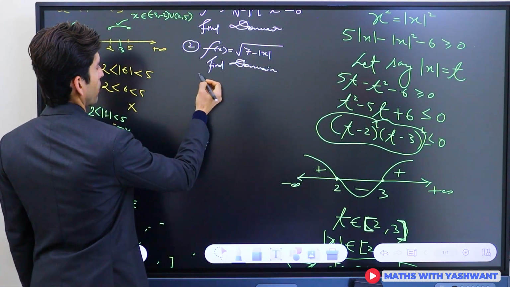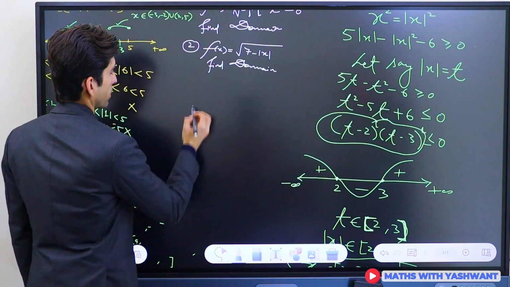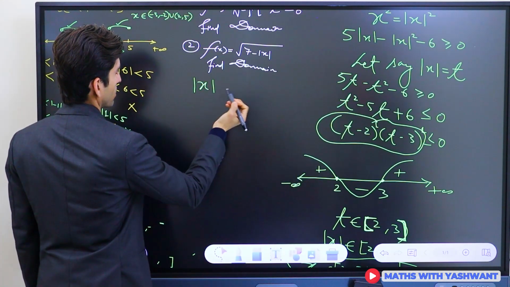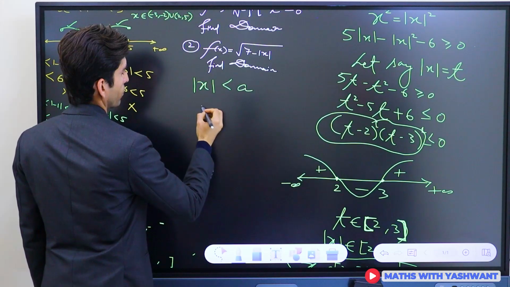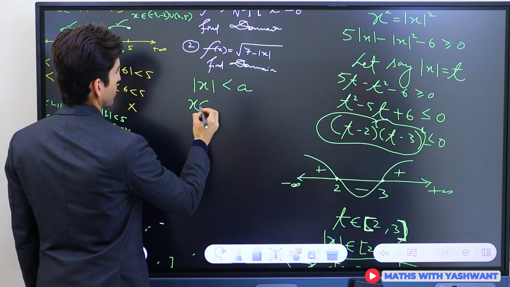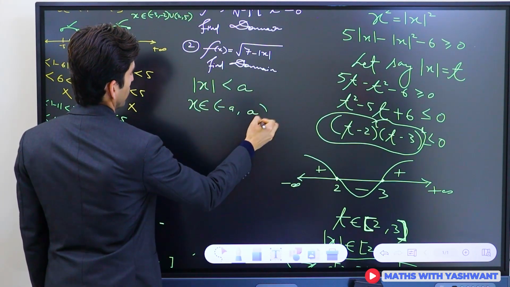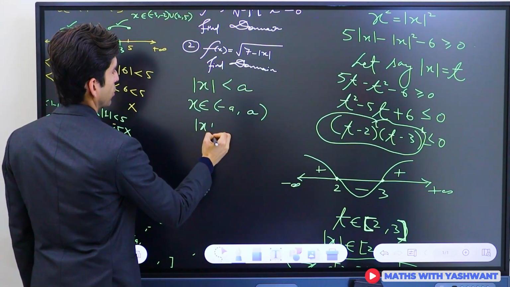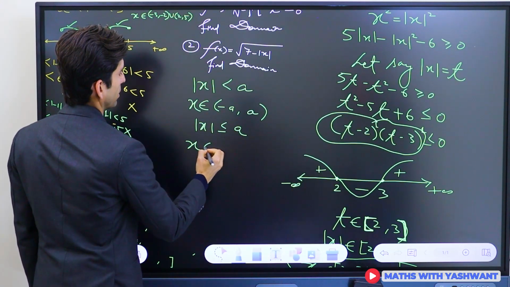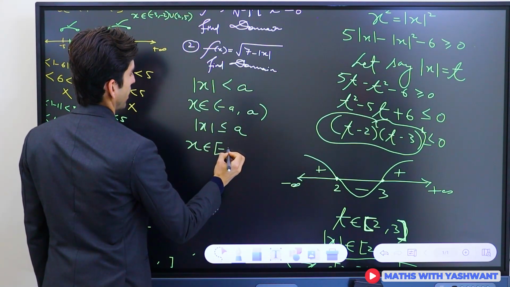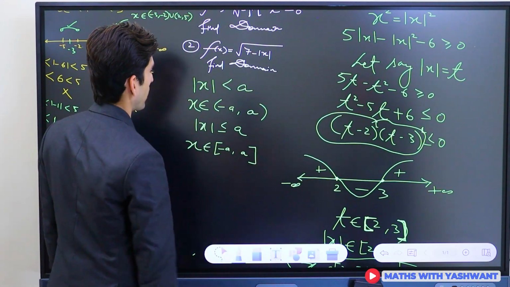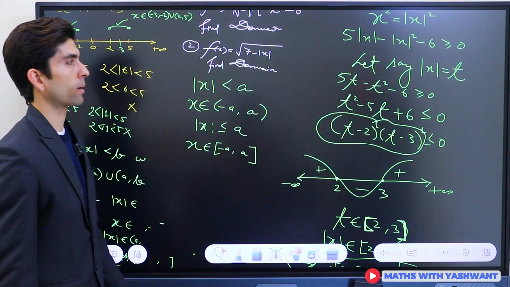In my previous video I taught you that whenever you have mod of x less than a, you can write x belonging to negative a to positive a, and if you have an equality sign, you include the left hand and the right hand boundary points. So you make these round brackets square brackets.